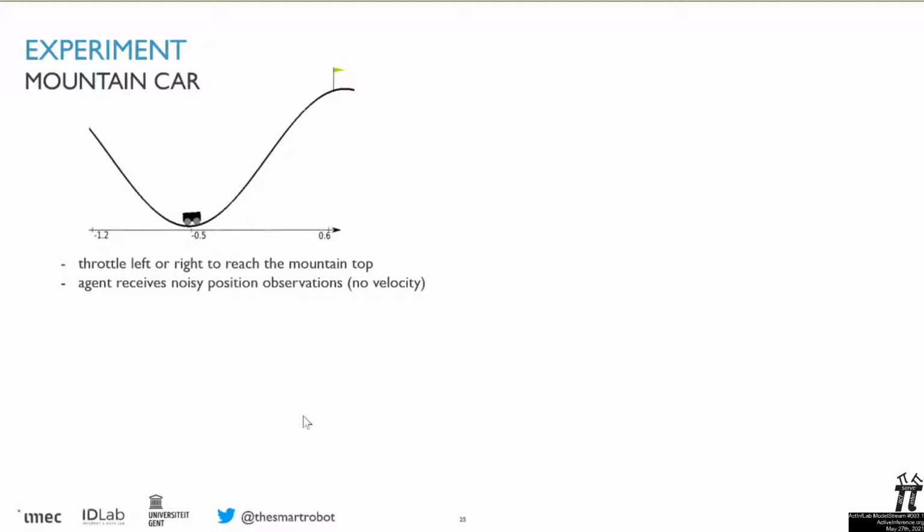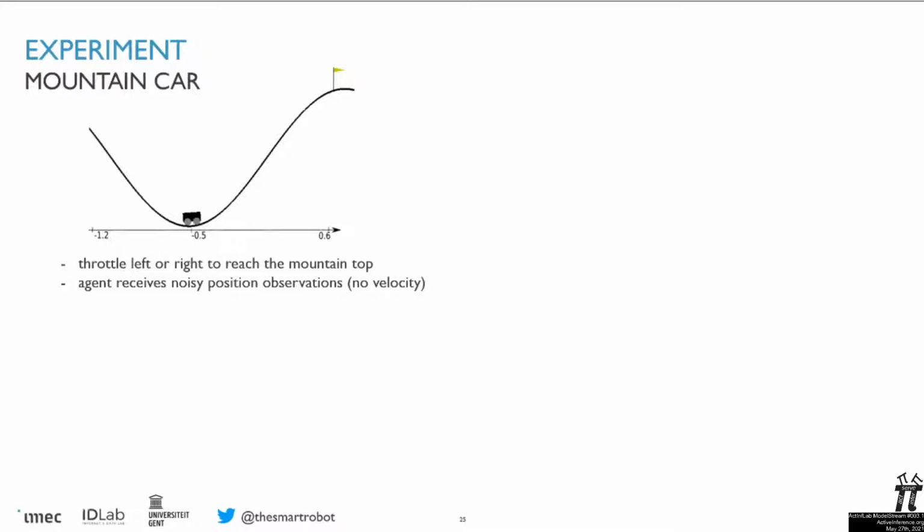Okay. So I'll go briefly through our initial experiments, the experiments we did in the past 1 or 2 years. One of the first experiments we did and reported on was the mountain car, a fairly well-known benchmark.